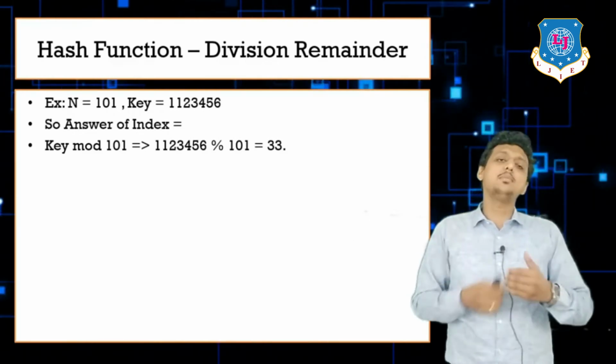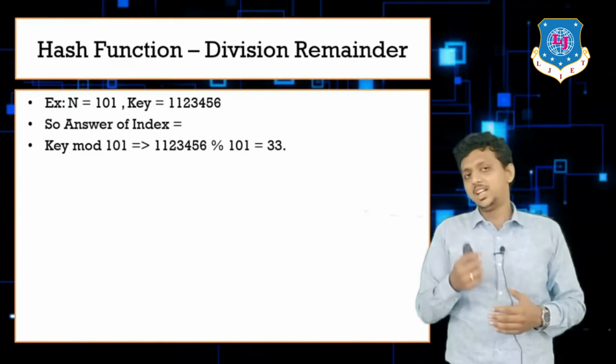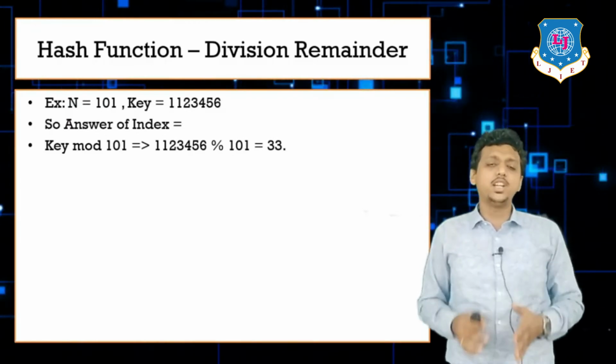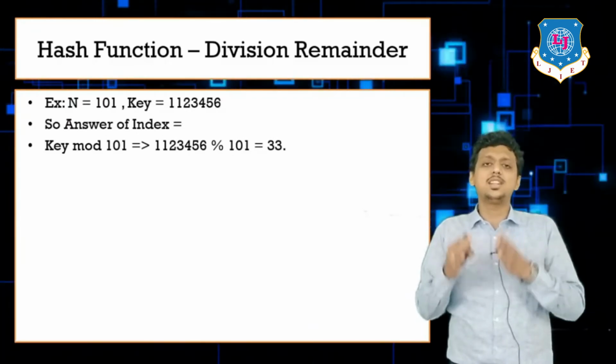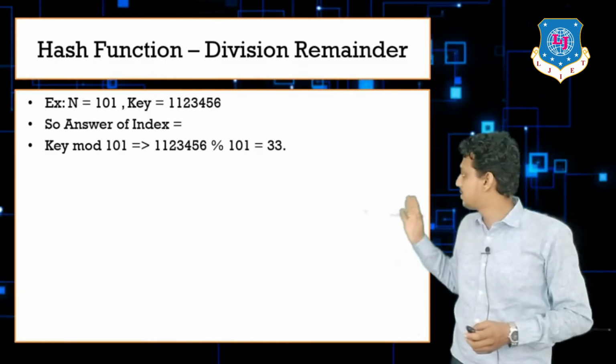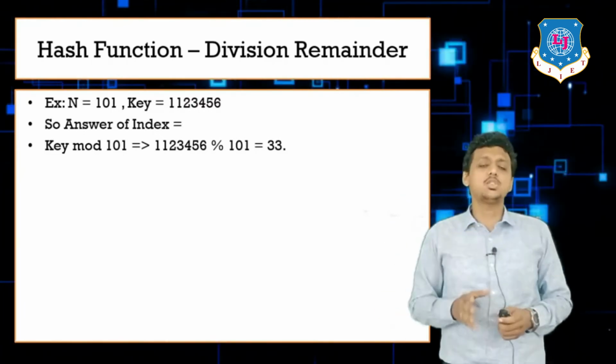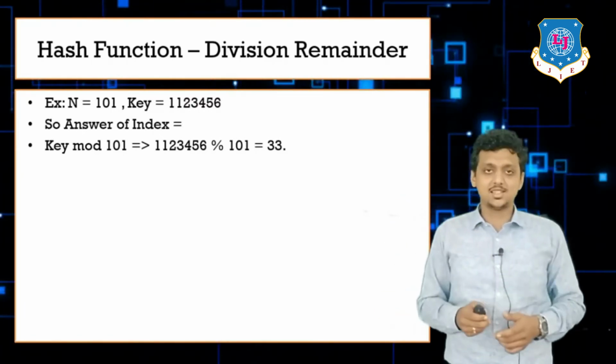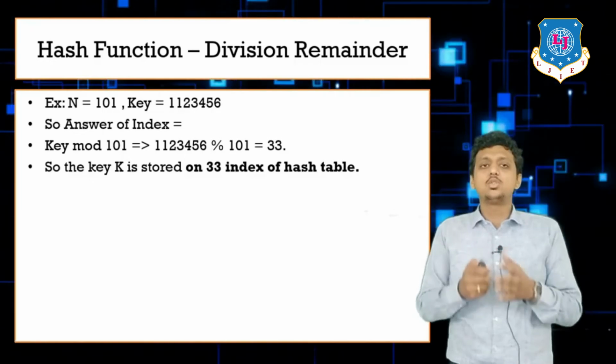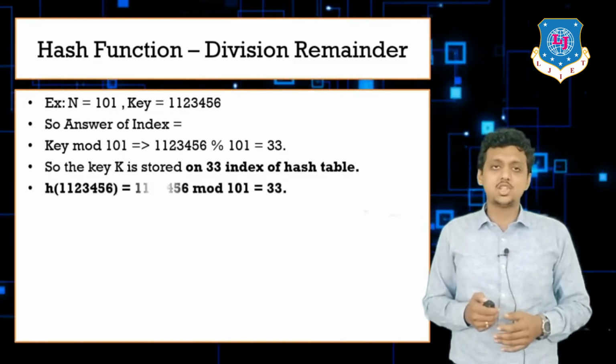When I find the modulo of this, it returns 33. So where do I need to insert the data? I need to insert the data at index 33. So students, what is 33? 33 is the hash value, or the hash index. The key is stored at index 33 of the hash table.